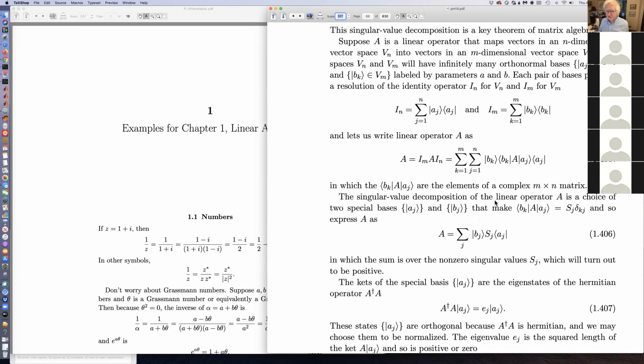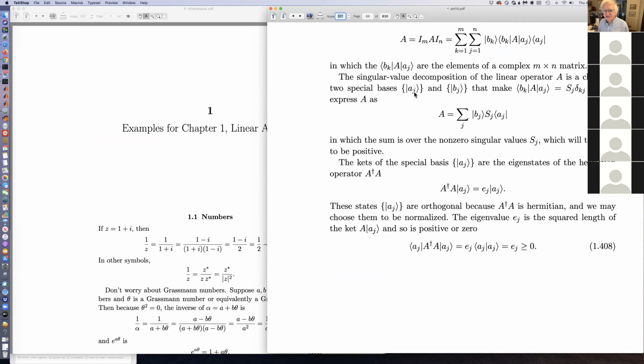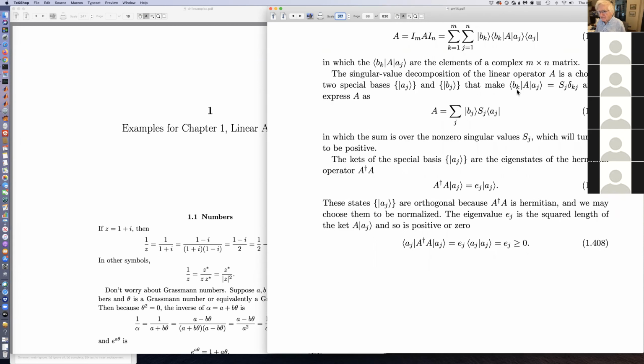The singular value decomposition of the linear operator A is a choice of two special bases, the A's and the B's, that make this matrix element diagonal or quasi-diagonal. Again, the number of vectors here and here may be different.